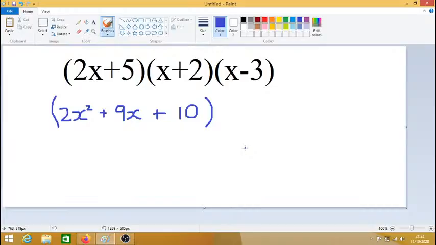Which is okay, you'll still get the right answer eventually, but I've just simplified the 4x plus the 5x to make 9x. You could have left it separate if you forgot to do that step. That's fine, it's not a mistake, it just means you're going to end up doing a little bit more working out than you need, but you should still get the right answer. Give you just another minute to see if you can finish it off. If you're okay so far, just carry on working until you get your final answer.